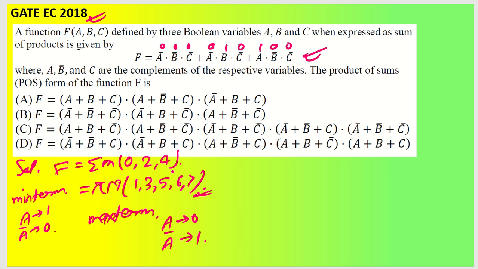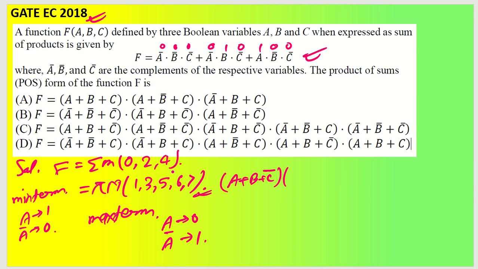Okay. So if you see 1, what will happen? It is not a bar, it is going to be a plus b plus c bar, because it needs to be 1. Then what would be my 3?